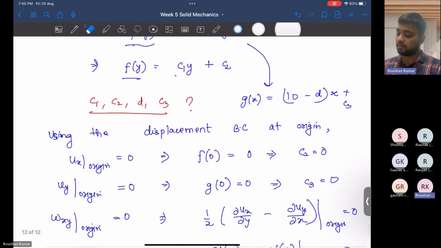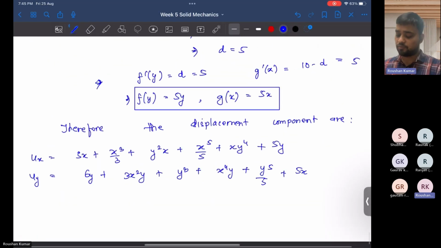So we found the expressions of displacement along the x direction and along the y direction.